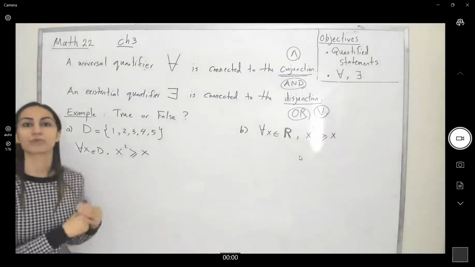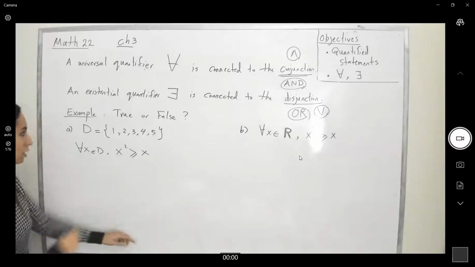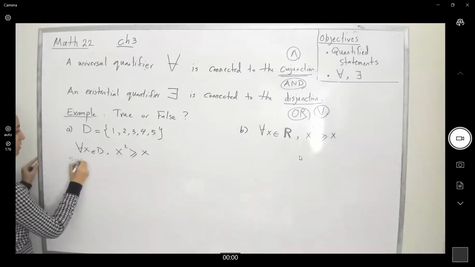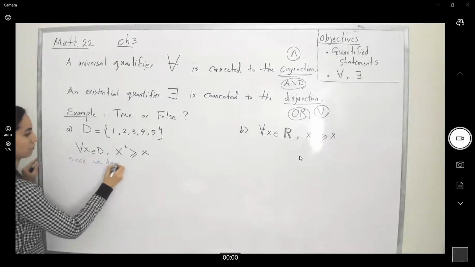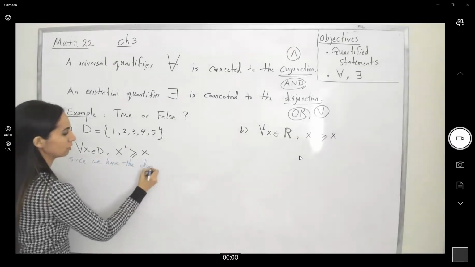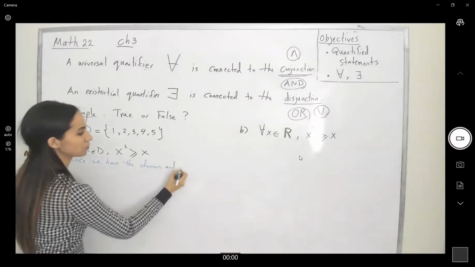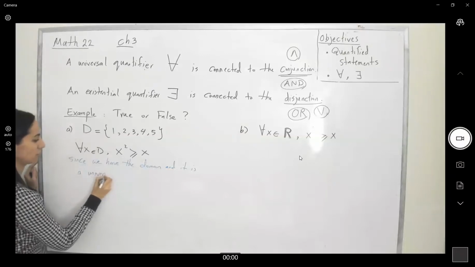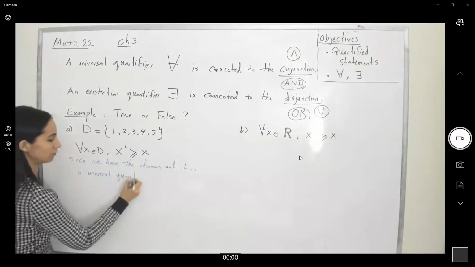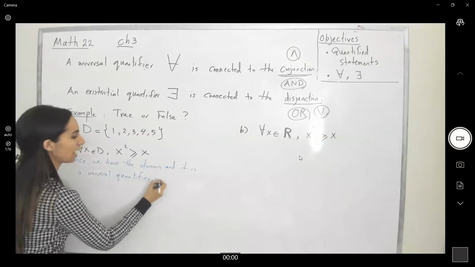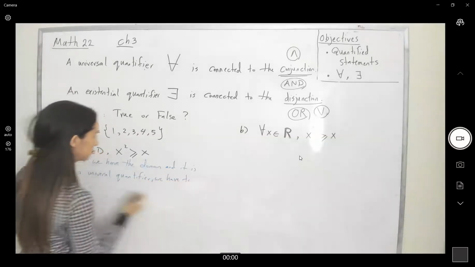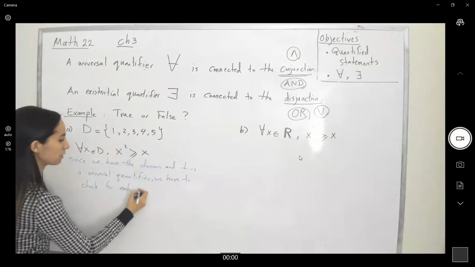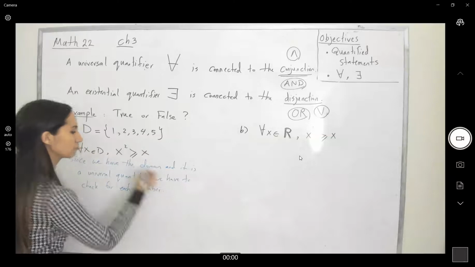So what is our approach here? Since the domain is given to us, and it is a universal quantifier, we have to check for each member.